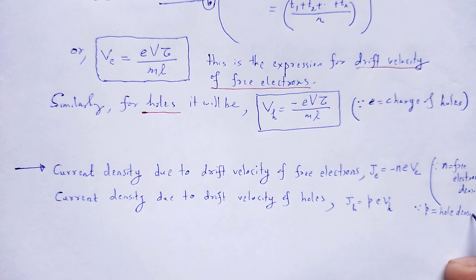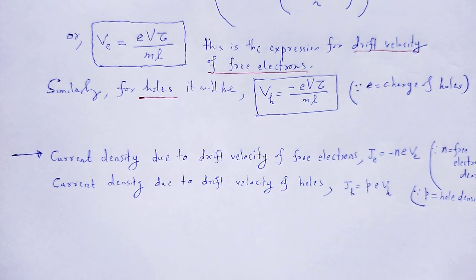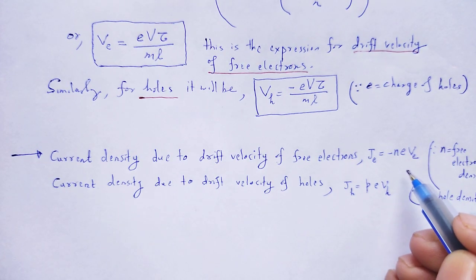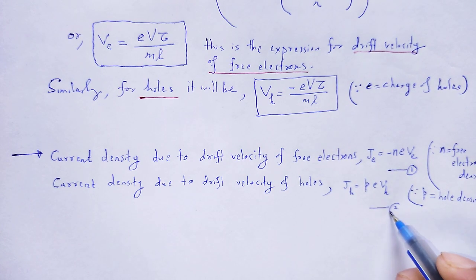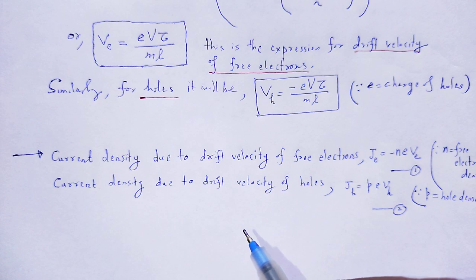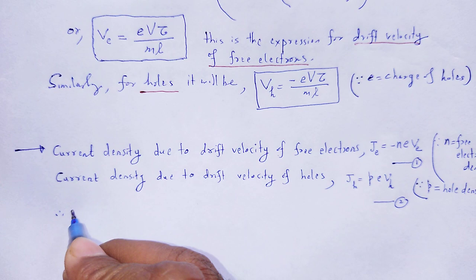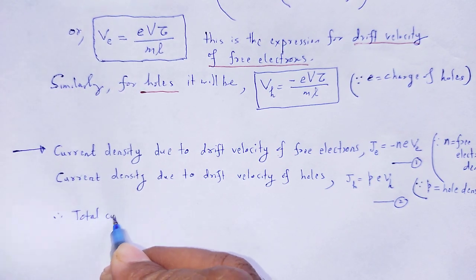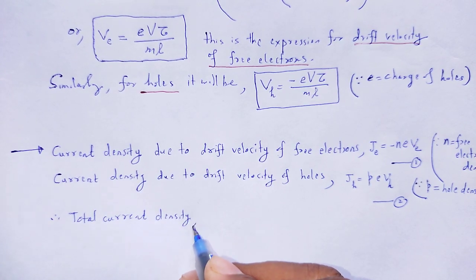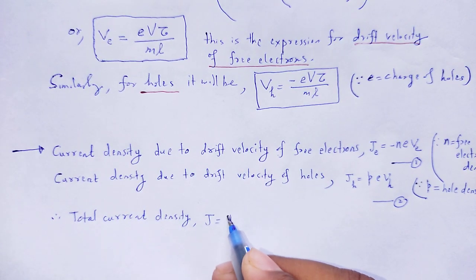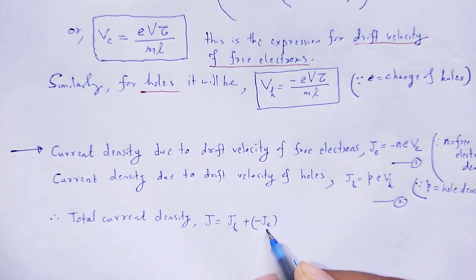Let us take this as equation number 1, and that as equation number 2. So the total current density J is equal to J_H plus minus J_E.